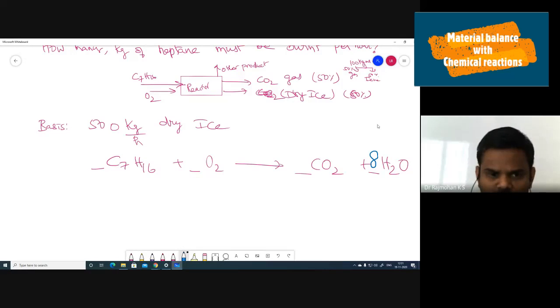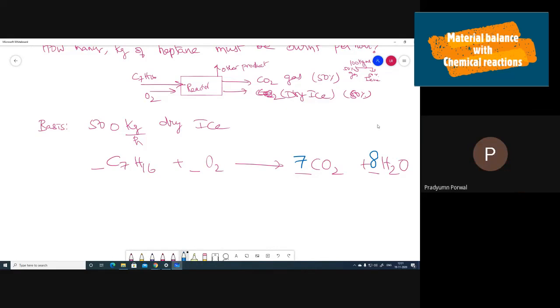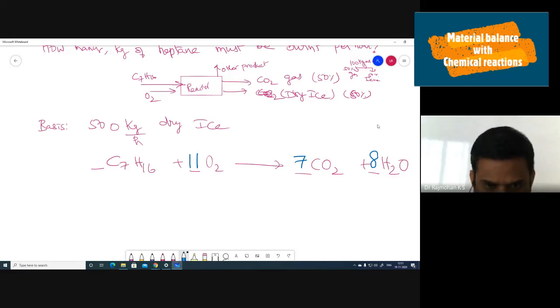Now you can go with carbon also. There are 7 carbon atoms on the left hand side, so there will be 7 CO2 here. Now check oxygen on the right hand side: 14 plus 8 is 22, so total should be 22 oxygen atoms, which is 11 O2 molecules.